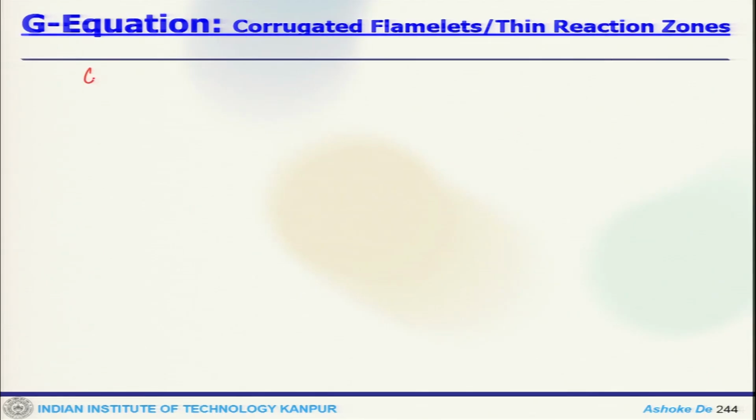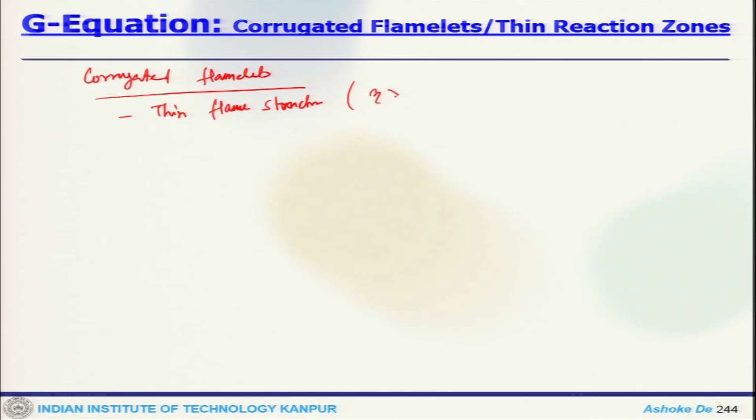That means in the corrugated flamelets you have thin flame structures, which is eta greater than L delta, and laminar burning velocity well defined, right.